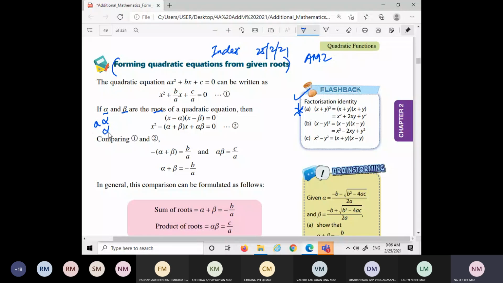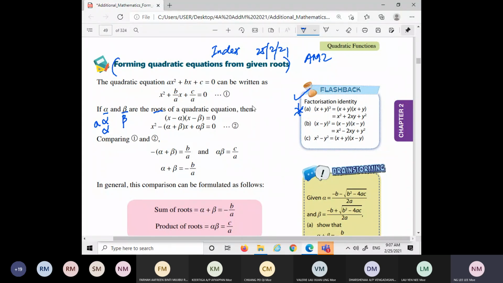Alpha is written this way. Then beta is down first and then this is beta. Alpha and beta actually stand for a and b, I think in Greek or something like that. So if alpha and beta are the roots, you can write in this way.